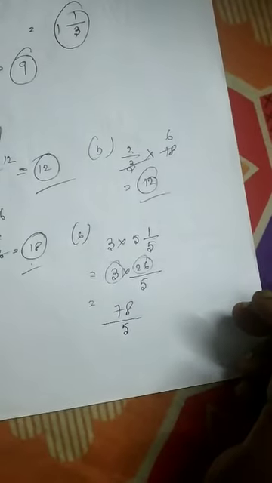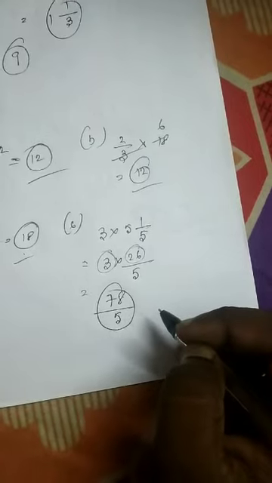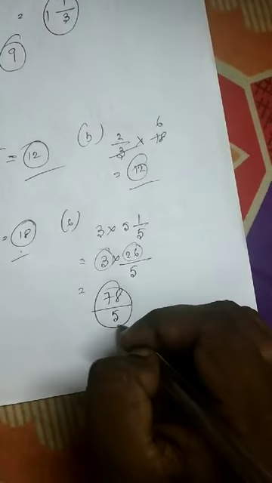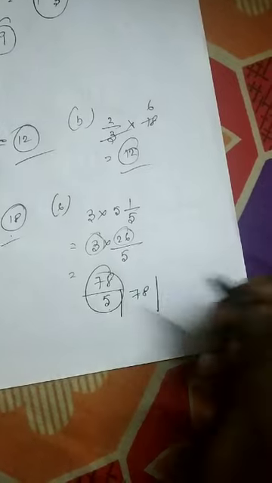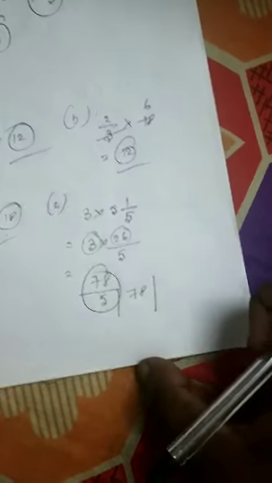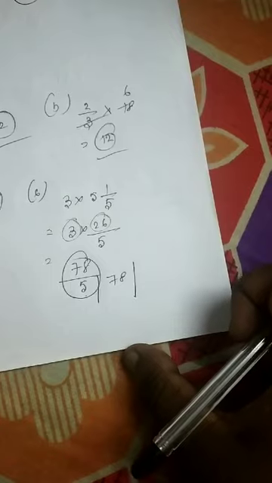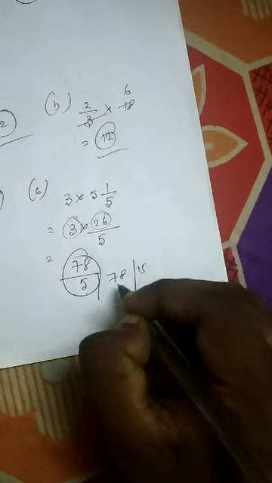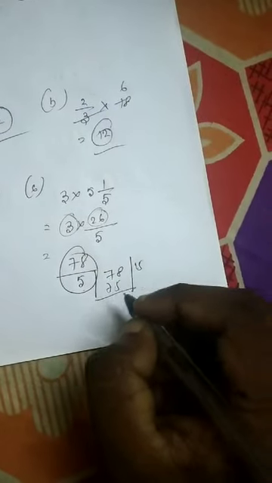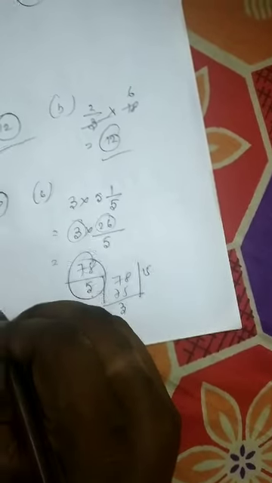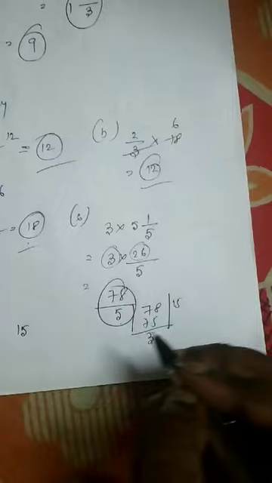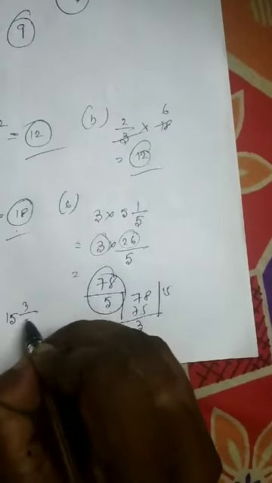Now this 78 by 5 I can convert to mixed fraction. 5 15s are 75, 3 as a remainder. It will be 15 whole 3 by 5. That is my answer.